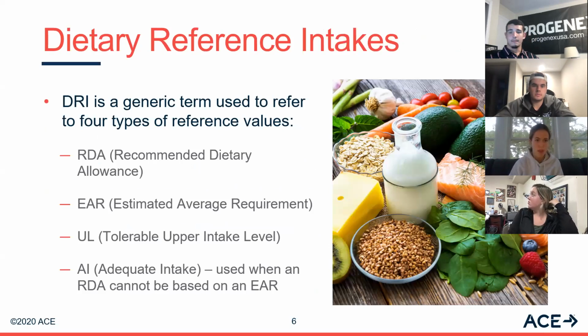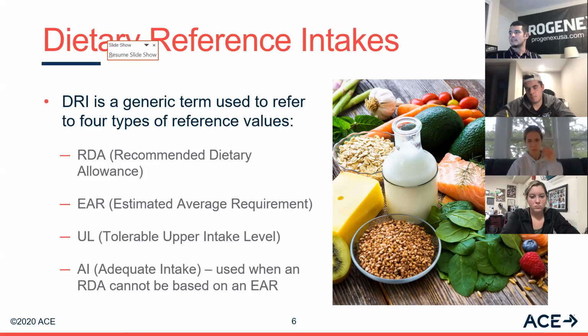So here are some dietary reference intakes, and that refers to 4 different types of values. You've got your recommended dietary allowance, your estimated average requirement, your tolerable upper intake level, and your adequate intake.